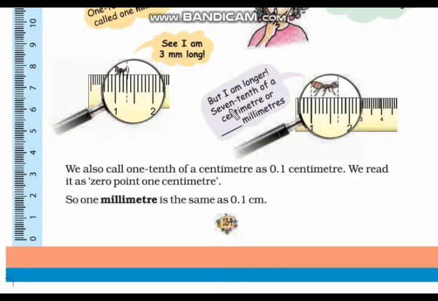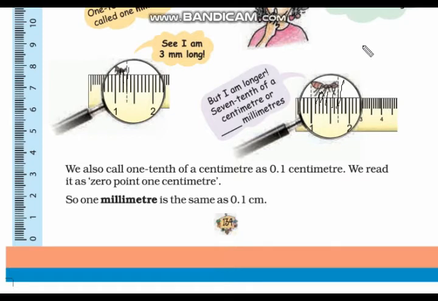But I am longer, 7/10 of a centimeter or dash millimeter. So this answer is I am longer, 7/10 of a centimeter. So here 1, 2, 3, 4, 5, 6 and 7.